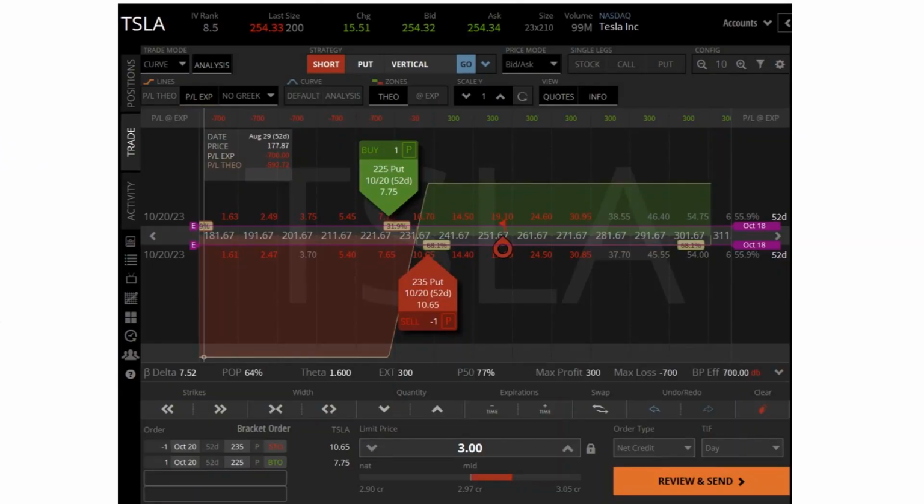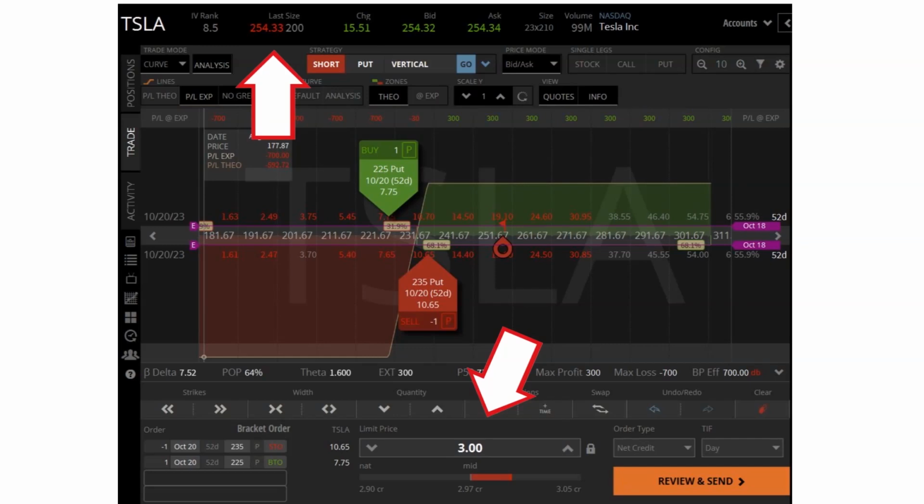Now let's look at another trade, selling a put vertical spread. Tesla is currently trading at $254 and we sell the 225, 235 put credit spread and collect $3, which is $300. We can be assigned and forced to buy and own the shares at the 235 strike price if the stock price moves below that price prior to the expiration date.